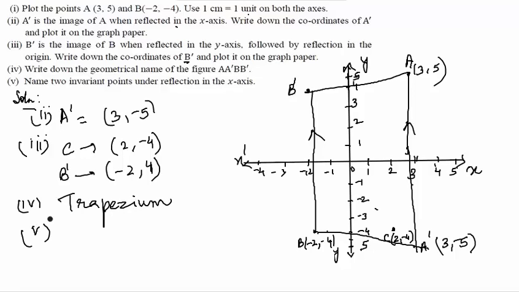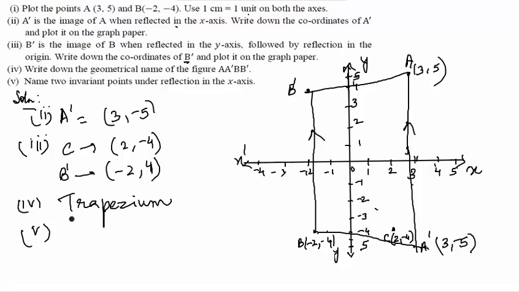Okay. And name two invariant points under the reflection in x-axis. Invariant points are any points that remain unaltered under a given transformation. So any point which will remain unaltered under the reflection will be any point on the x-axis, because reflection in x-axis makes the point change its y coordinate.